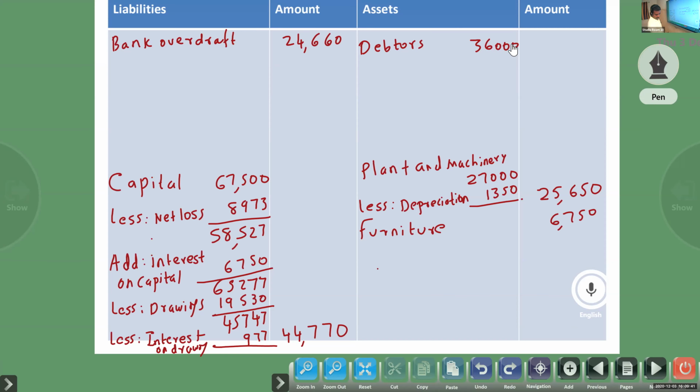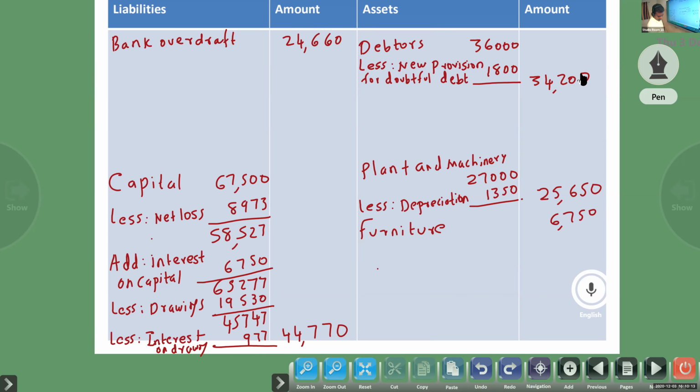So only one adjustment related to debtor: less new provision for doubtful debt. That is 5% on debtor, already we calculated, 1,800. So 34,200.